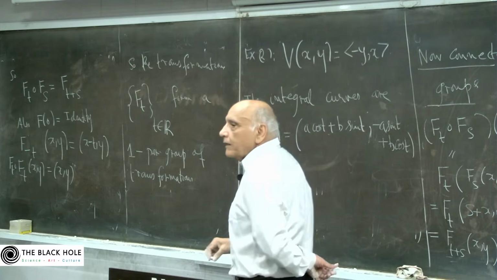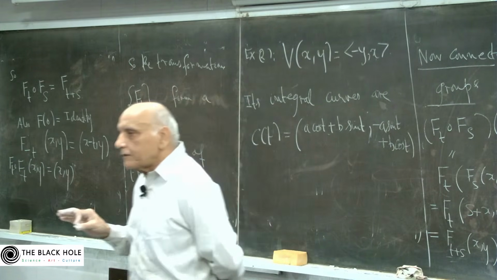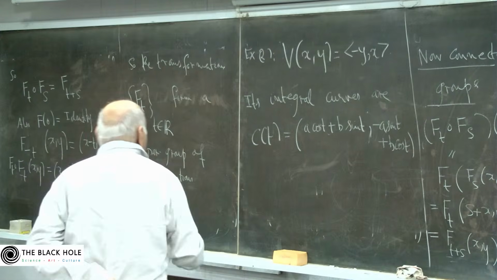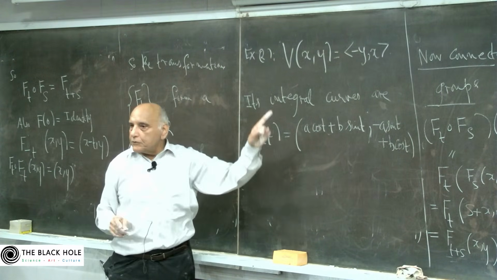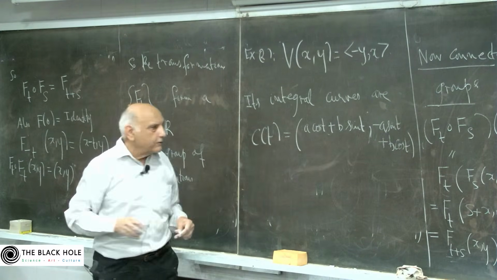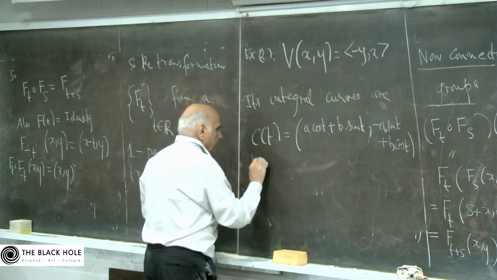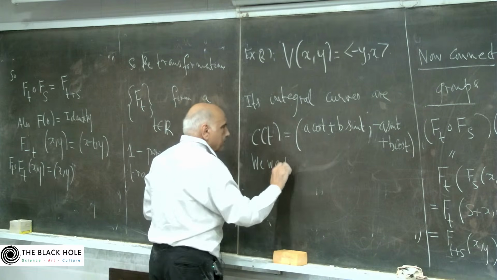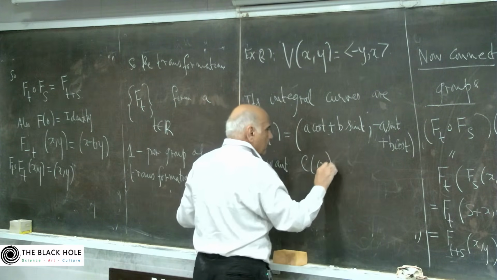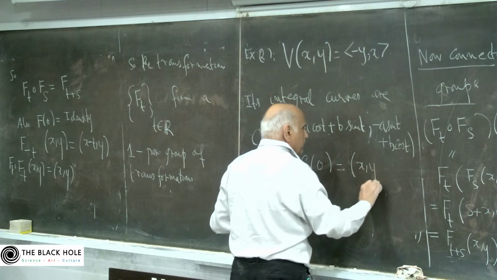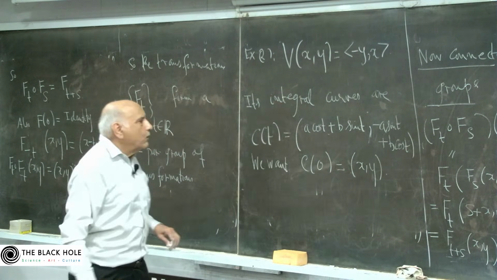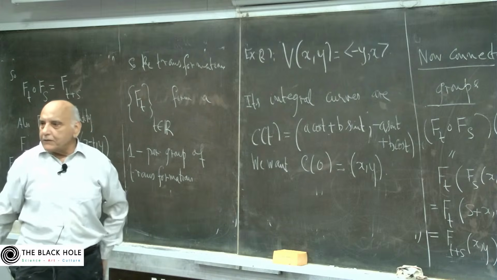Now we assume we want it to pass through the point xy at time 0. We want C at 0 equal to the point xy. So can you tell me what are A and B?